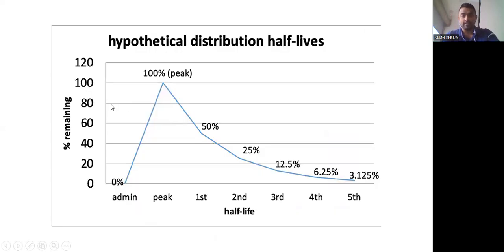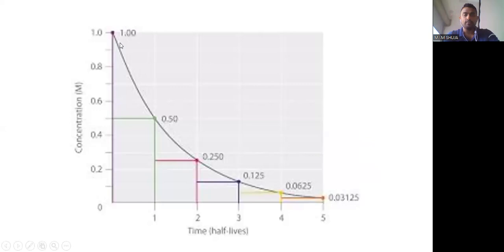So this is what I told you. It becomes half, then 0.5 becomes half, 0.25, 0.25 becomes half, 0.125. This becomes half, 0.0625, like that. So the time taken for the 50% reduction from its original amount, that time is constant.